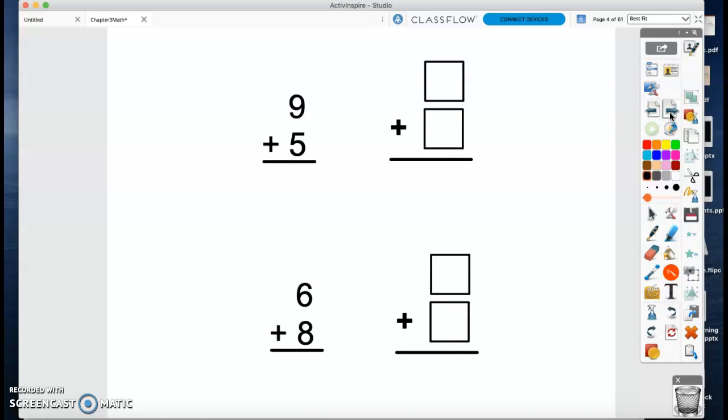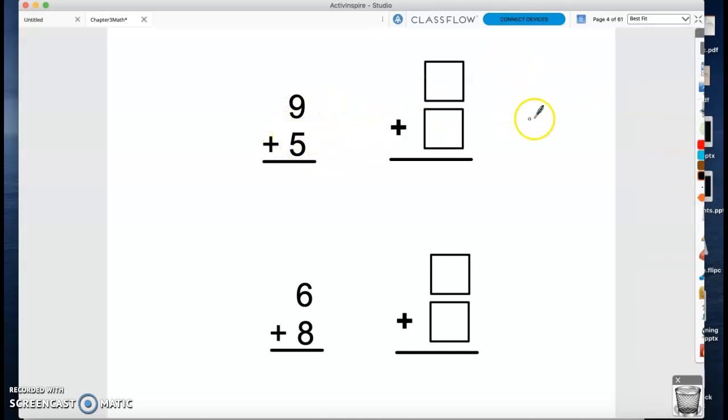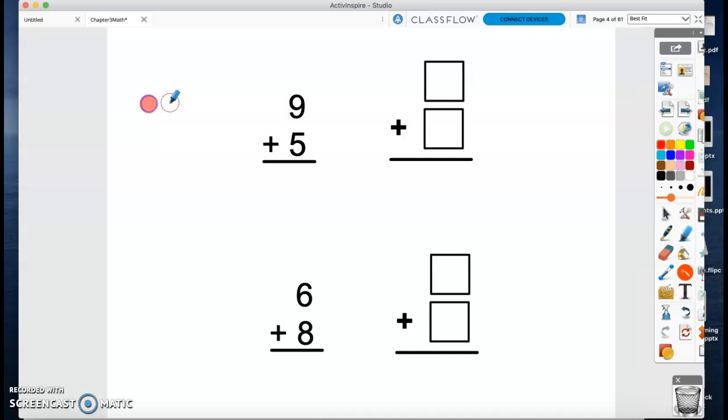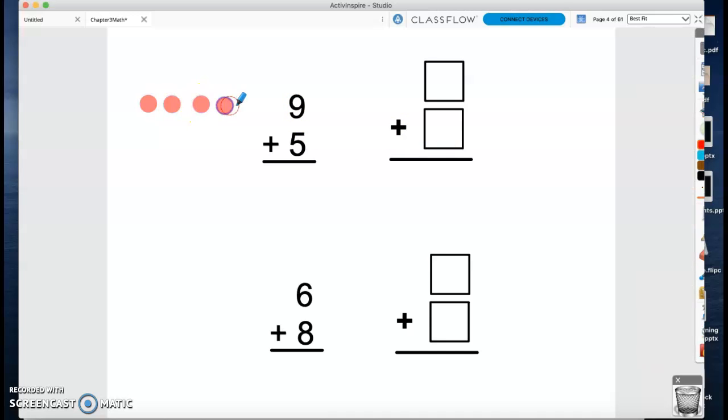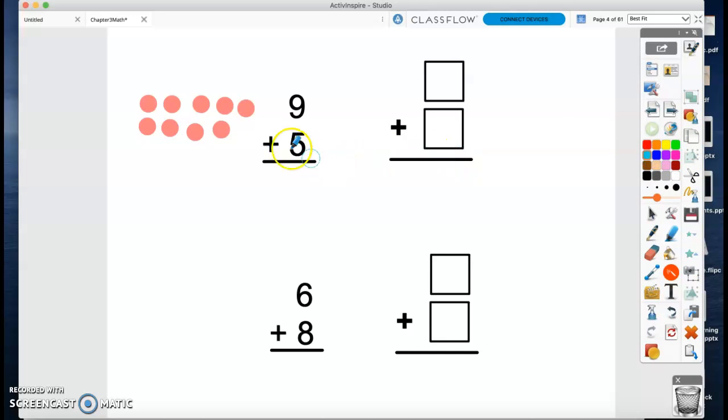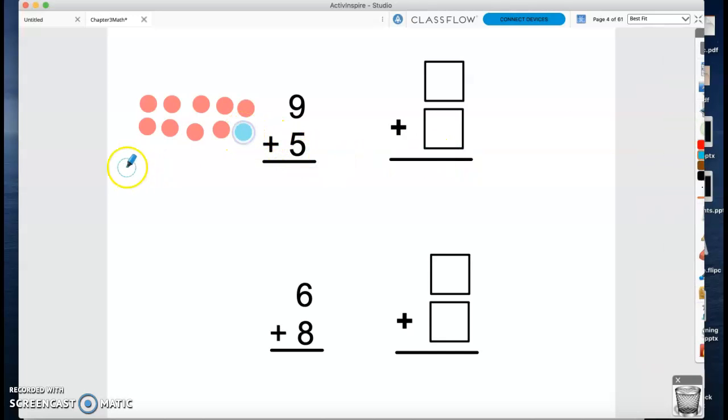Let's try one more. We need to figure out what 9 plus 5 is. So I'm going to draw a picture. So I have 9. 1, 2, 3, 4, 5, 6, 7, 8, 9, and I need 5 more. 1, 2, 3, 4, 5.